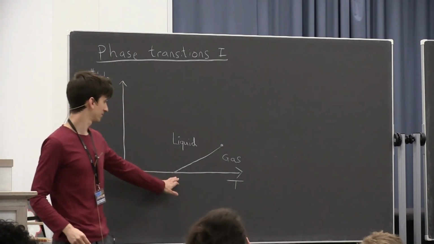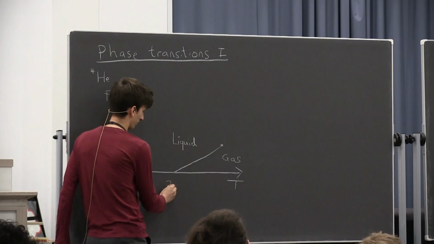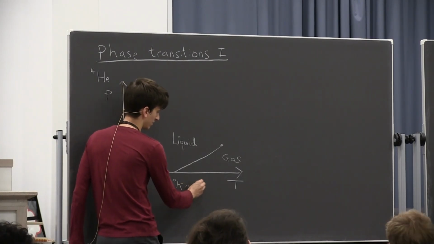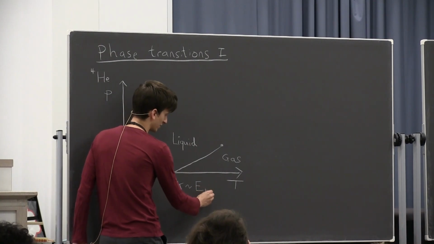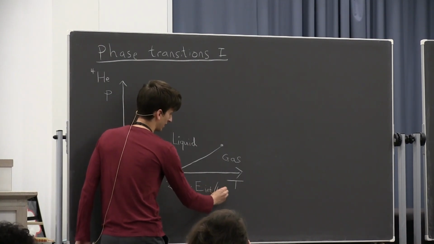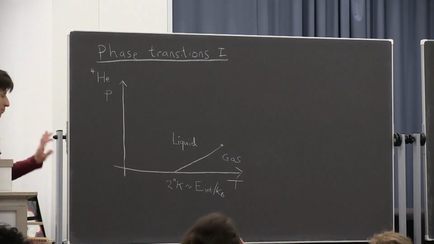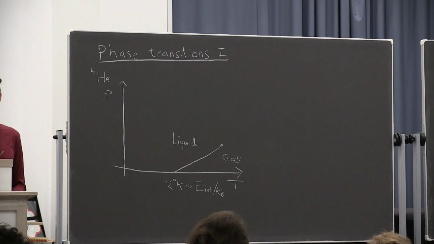This happens at some temperature, I think it's roughly 2 degrees Kelvin, which is, roughly speaking, some kind of interaction energy divided by the Boltzmann constant. After this plot, I will obviously set Boltzmann's constant to 1.